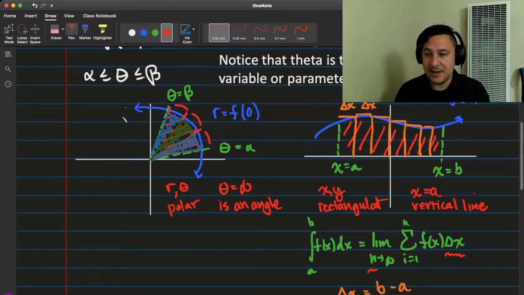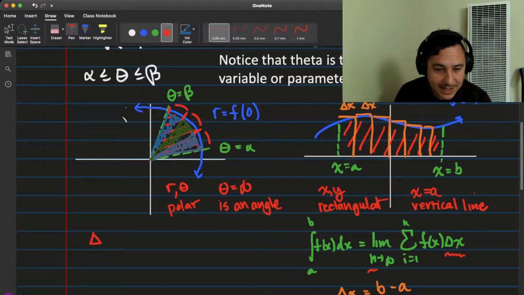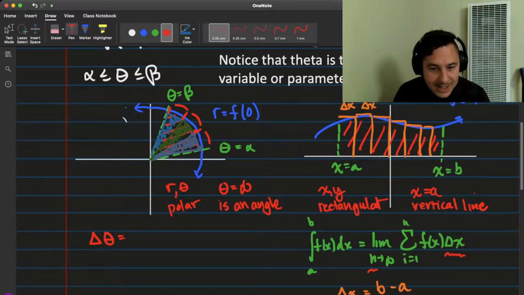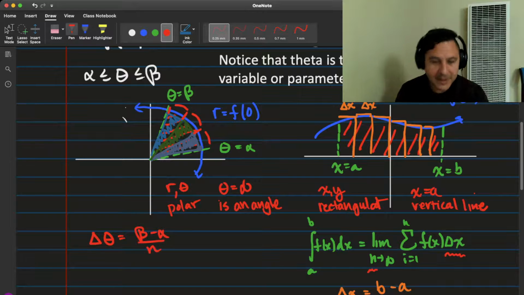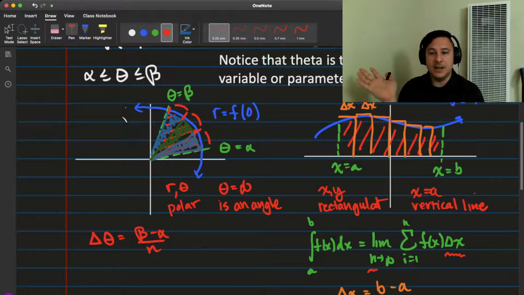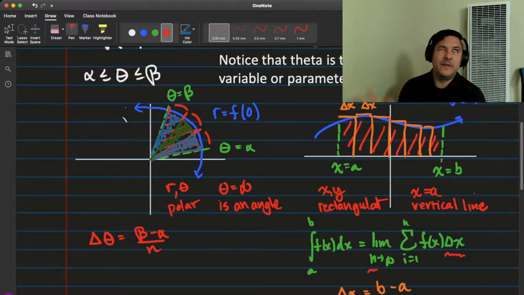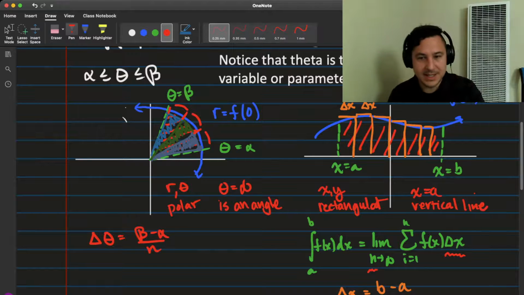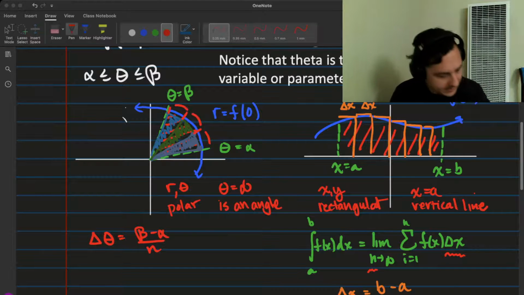So instead of having delta x like we have on the right, we're going to have delta theta. And delta theta is equal to beta minus alpha over n. We're splitting up my angle between alpha and beta into n equal parts. That's why you get those 3 pizza slices if n was 3.